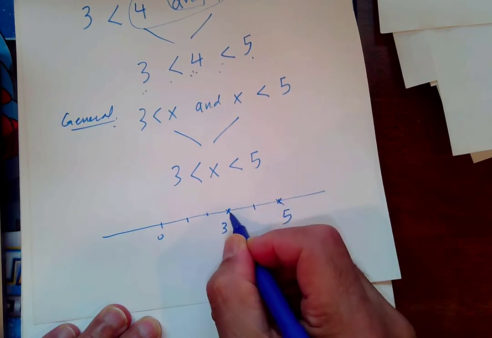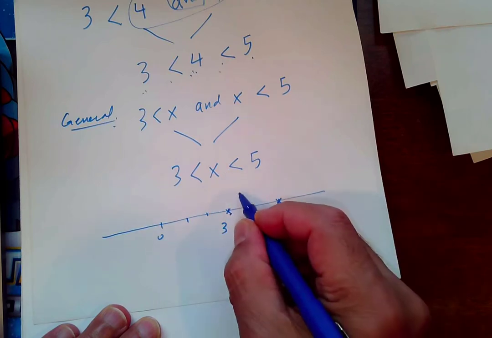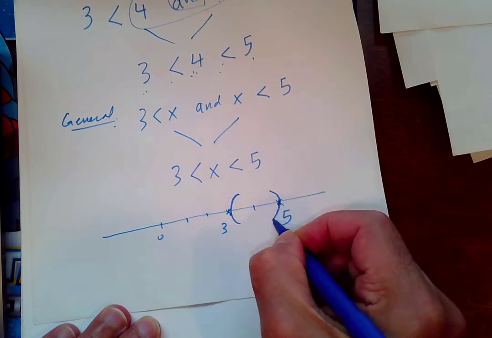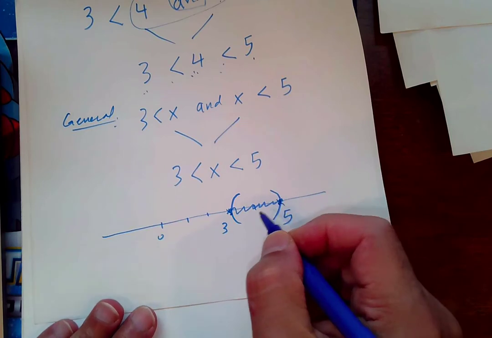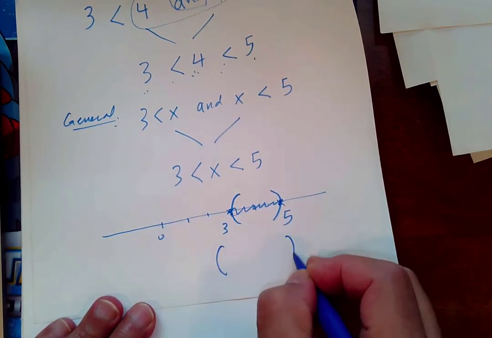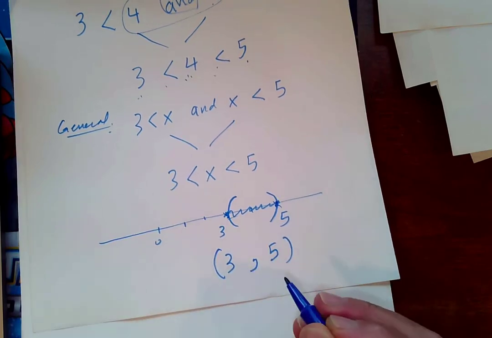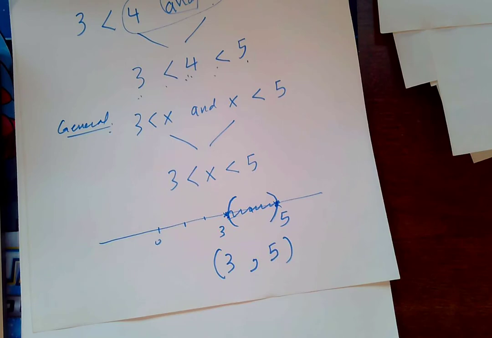You're not including 3 because it doesn't have the equal sign. You're not including the 5, same thing. So that's why you're using parentheses. And every real number, and there's billions of numbers between 3 and 5. And using interval notation, you start at 3, you end at 5, and you put a comma to include everything in between.